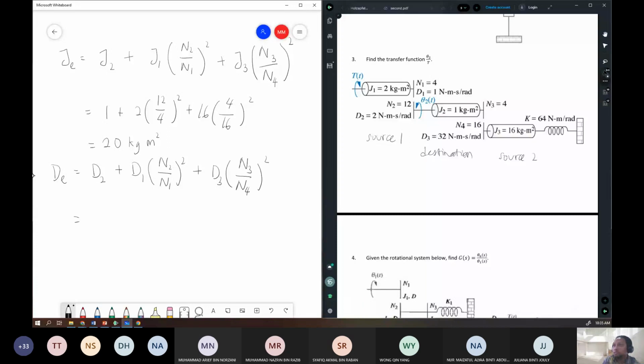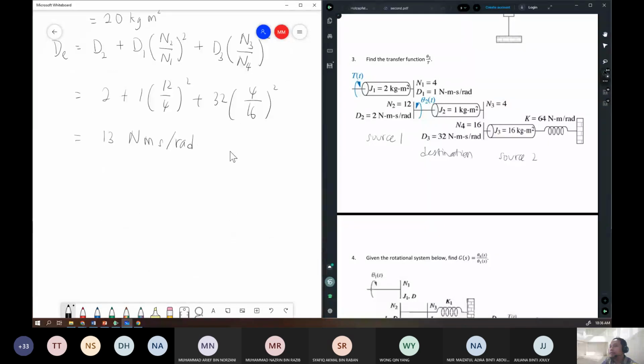So we get 2 plus 1 over 12 over 4 plus 32 over 4 over 16 squared. Later on you check whether my calculation is correct or not. And then lastly, we have the spring, K equivalent.